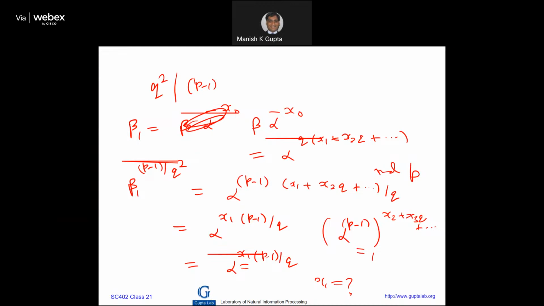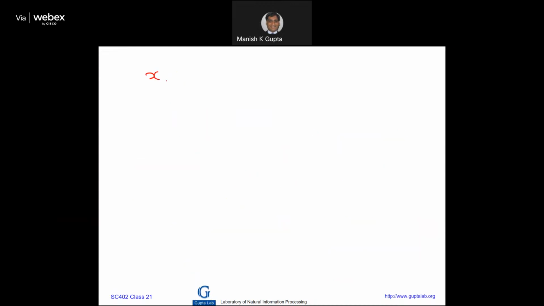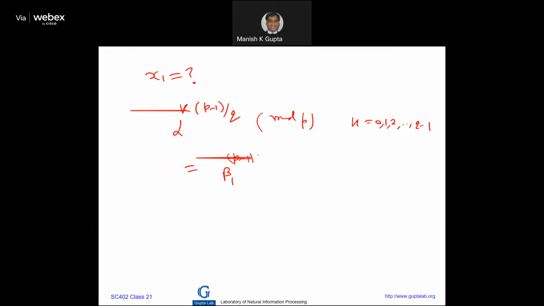So basically, to find x1, I look at alpha raised to power k times p minus 1 by q mod p, with k equal to 0, 1 up to q minus 1, and see which one is equal to beta 1 raised to power p minus 1 divided by q square.